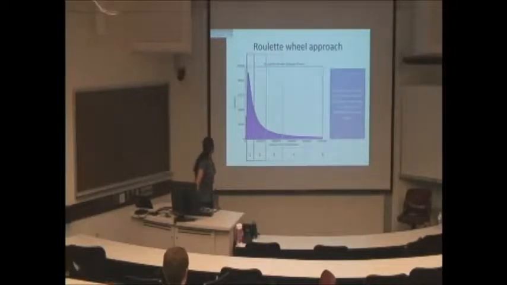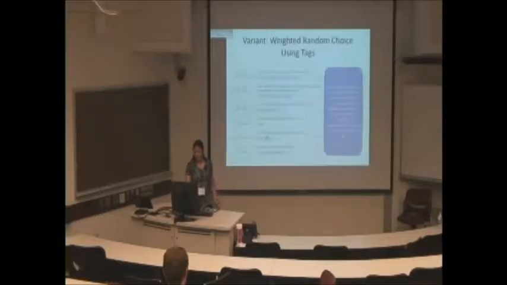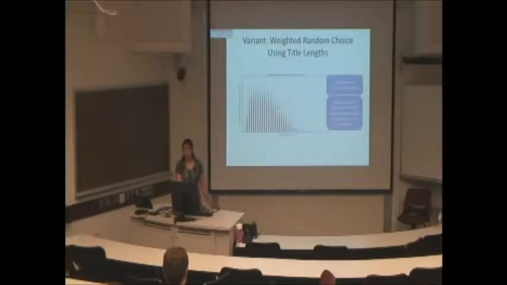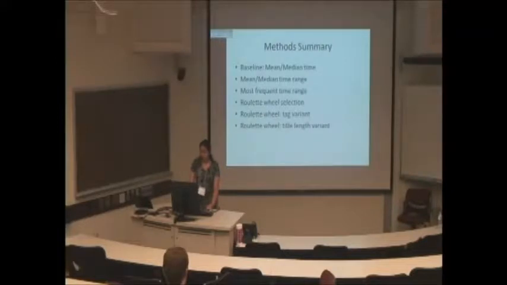Instead of uniformly predicting the most frequently occurring time bin, we can vary the time bins that we predict based on their probability of occurrence. And now we have variance of these. So we can make a decision about the distribution of times we use based on which tags are present, and even upon which title lengths the questions contain. So these are basically our methods.